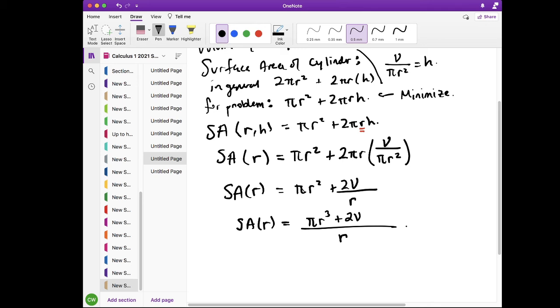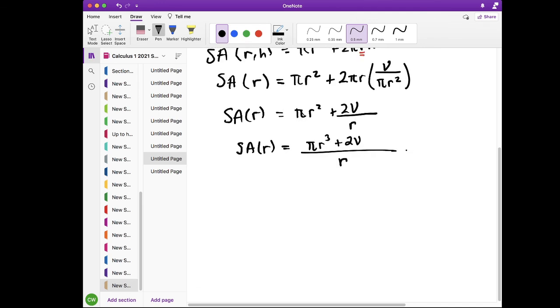All right, so let's do it. So we want to take the derivative. So remember, v is a constant. So the derivative of the numerator is 3 pi r squared, then times the denominator, minus the derivative of the denominator times the numerator.